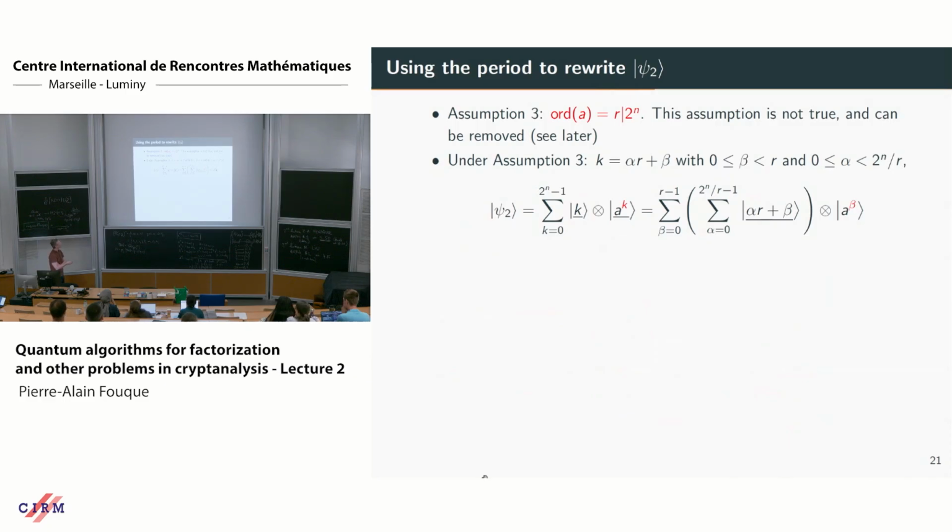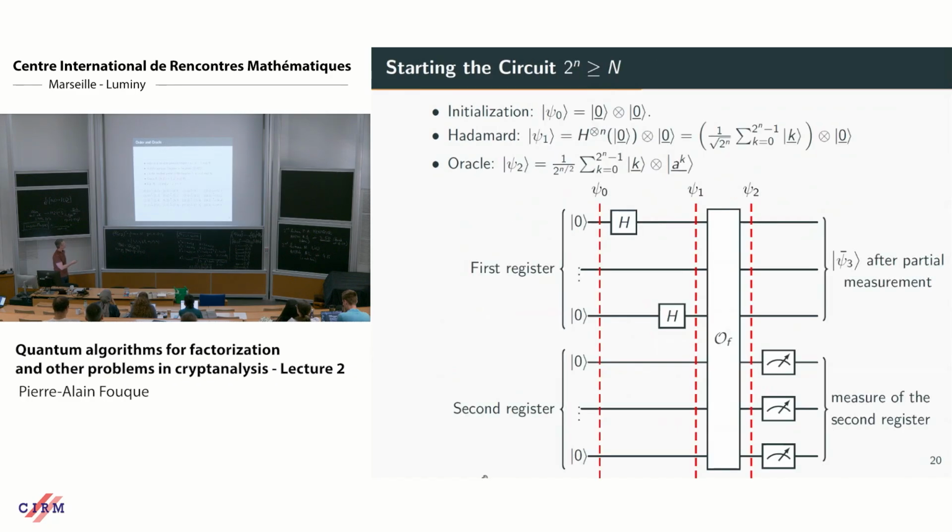For each beta, I will have a lot of elements that map exactly to a to the beta. As this morning, you remember that we had 2 different inputs that map to the same output. Here it is exactly the same, except that we have a lot of different values and not 2. This morning we had a 2 to 1 function, and here the function is a 2 to the n divided by R to 1 function. So we have more inputs that map to the same output, and it is exactly what is written there.